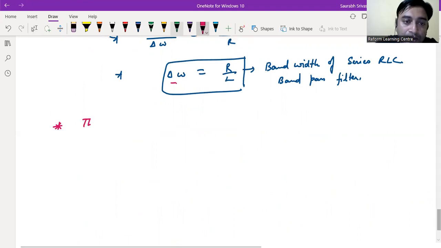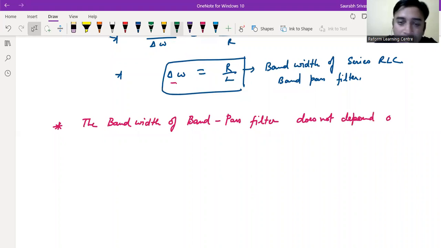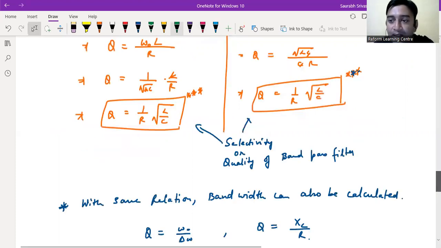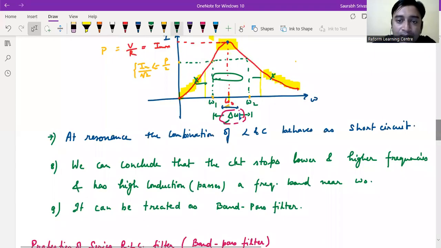The bandwidth of band pass filter does not depend on, किस पे डिपेंड नहीं करता है, कैपेसिटेंस. ऑब्जेक्टिव क्वेश्चन भी है आपका.